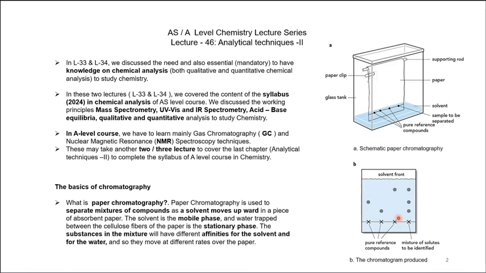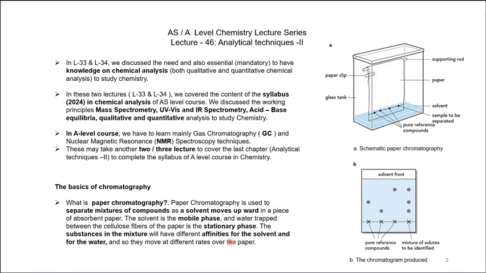We will talk about it in the next slides, but then we say mobile phase and stationary phase. Those two are very necessary for doing paper chromatography. The solvent is the mobile phase, and the absorbent paper is the stationary phase.